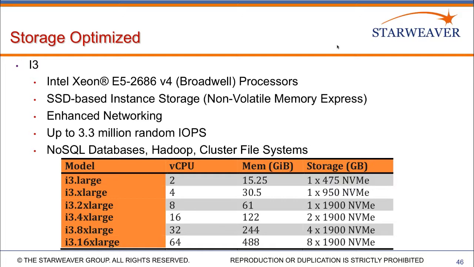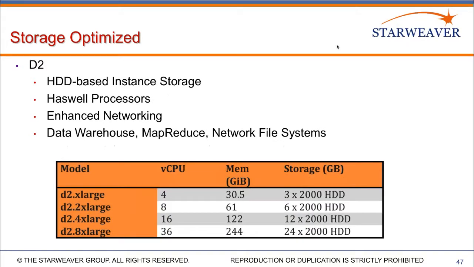Great for NoSQL databases that are running in clusters and, you know, replicating your data across the cluster. Hadoop, same thing. It's a cluster, replicates data up to, you know, 3 times standard for Hadoop. Any kind of cluster-based file system, this would be really good and really fast for the IOPS. Okay, the other type of storage optimized is HDD-based, right?